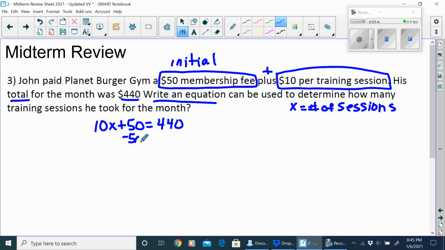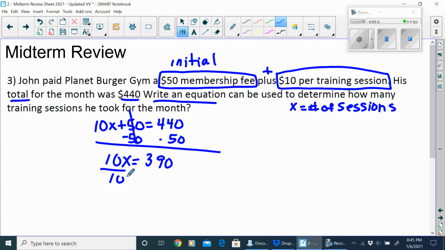I'm going to subtract 50 on each side, and I get 10x equals 390. Divide by 10, x equals 39. So John, that's his name, had 39 sessions.